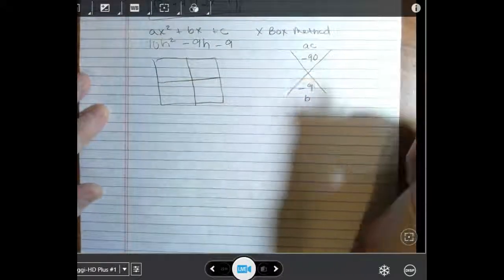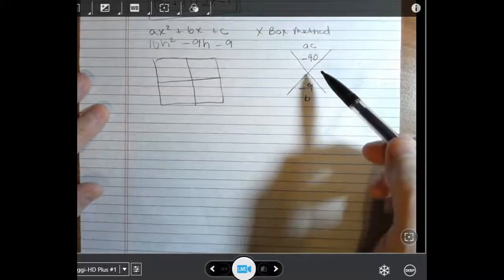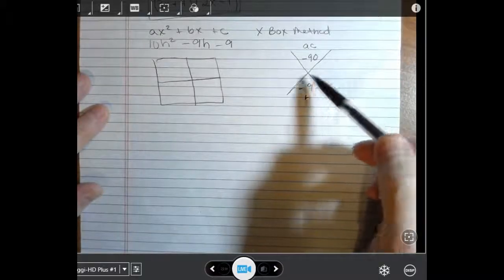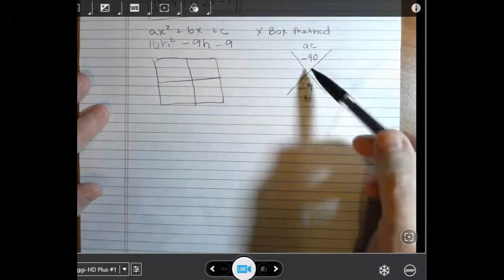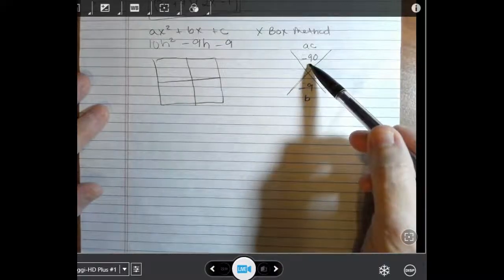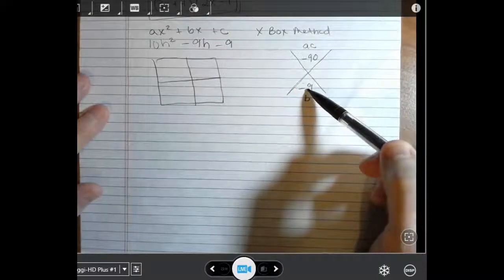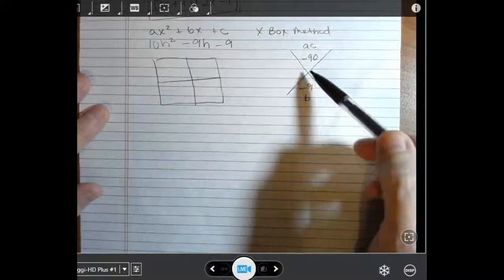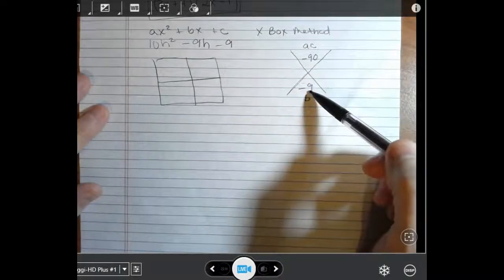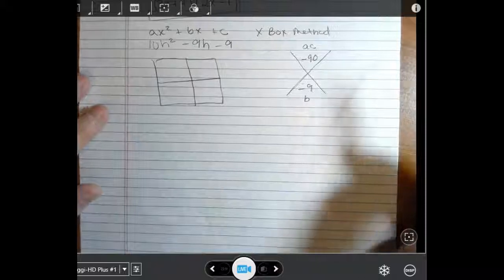And then to the sides are going to go two factors that will multiply and give me negative 90, but will add and give me negative 9.